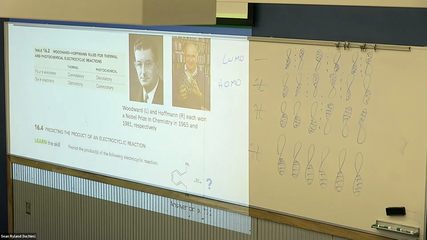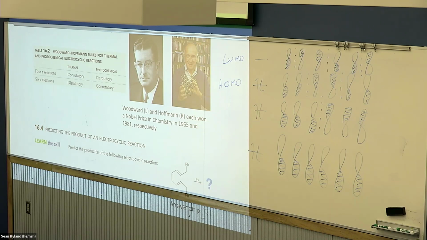And Woodward won a Nobel Prize for starting to explain this process, and then Hoffman won a second Nobel Prize almost 20 years later for finalizing some of these ideas in terms of the orbitals, bringing together. So you probably don't remember, but remember Kenichi Fukui, the Japanese scientist who won a Nobel Prize for frontier orbital theory. He won it in 1981.